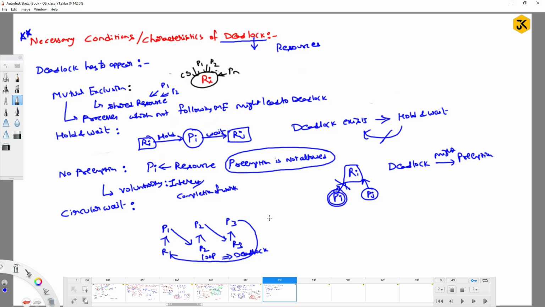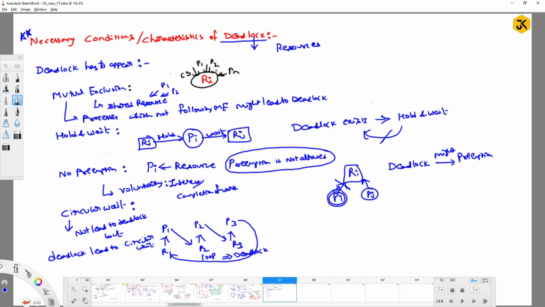Okay, fine. So in general, wherever you observe circular wait, that does not necessarily lead to deadlock. But if there is a deadlock, that will lead to circular wait, I can guarantee.